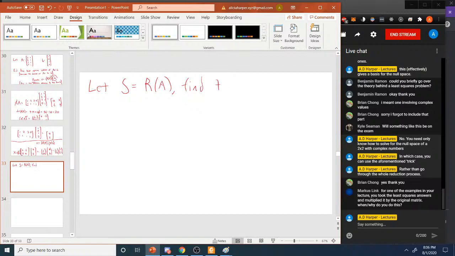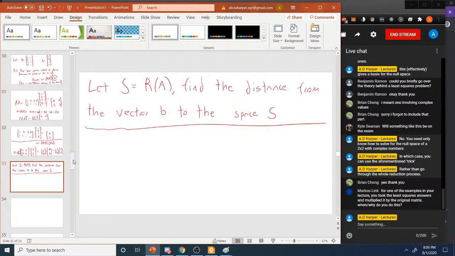Find the distance from the vector B to the space S. So this is a different problem than the one I just stated, but I'm going to let A be the same matrix.